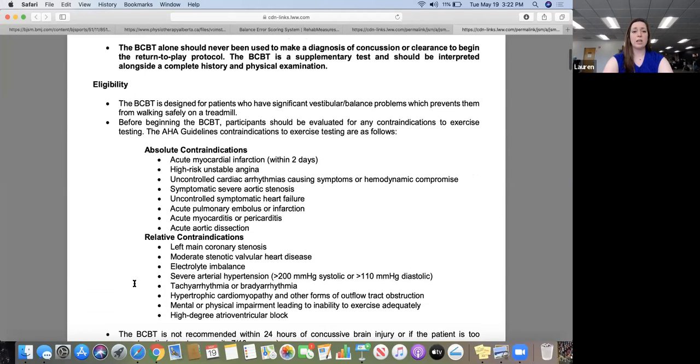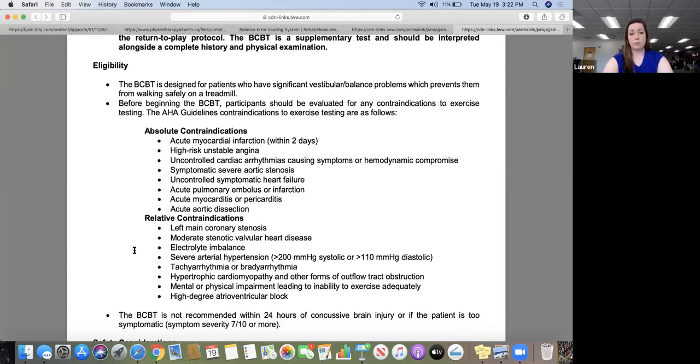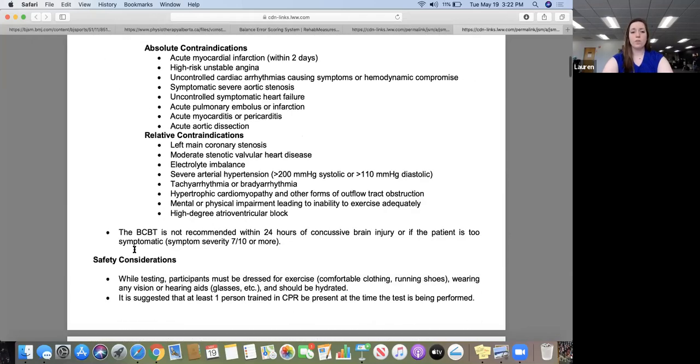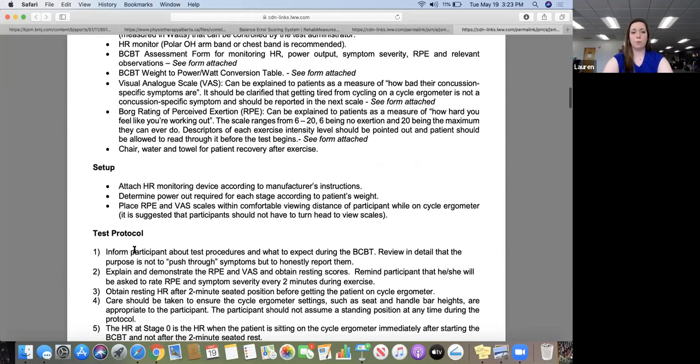It has the same criteria. These criteria I didn't go over with the treadmill test, but they are the same for the bike test: absolute contraindications and relative contraindications, something to keep in mind before you do any of the testing.